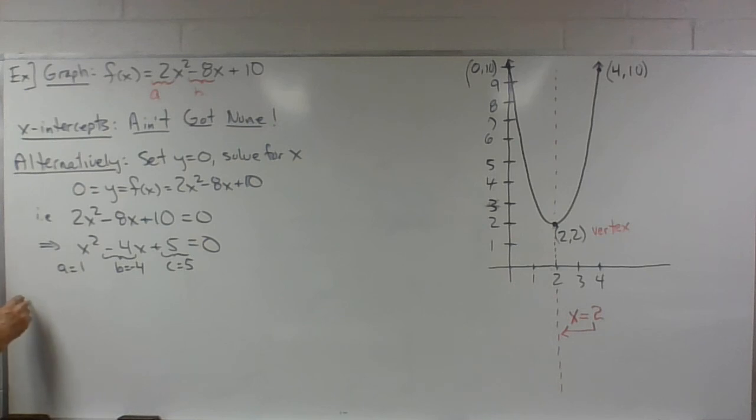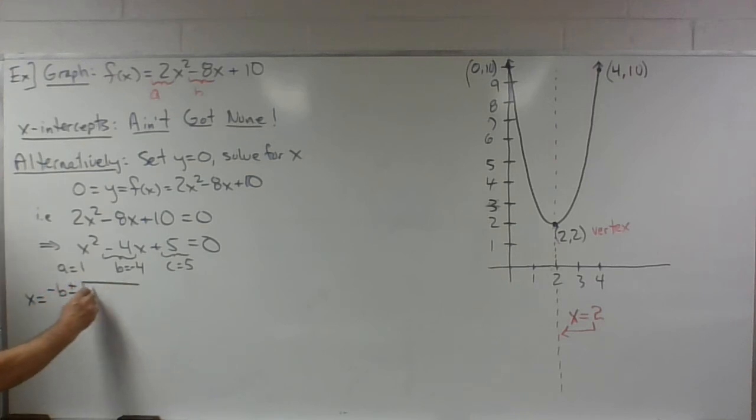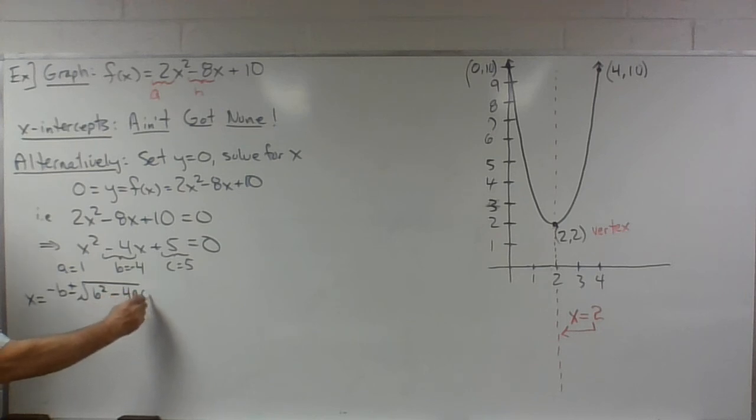So I use my quadratic formula. I have x equals -b plus or minus the square root of b squared minus 4ac all over 2a.